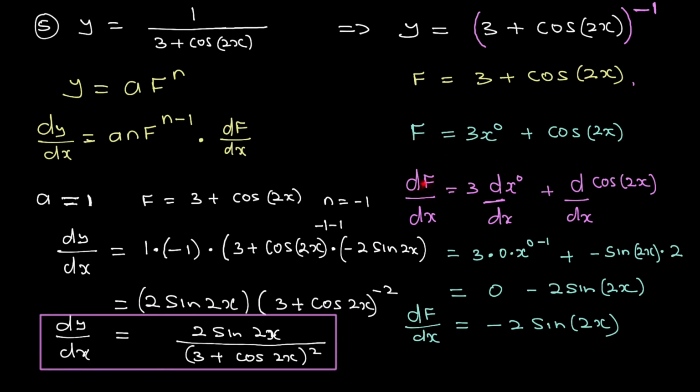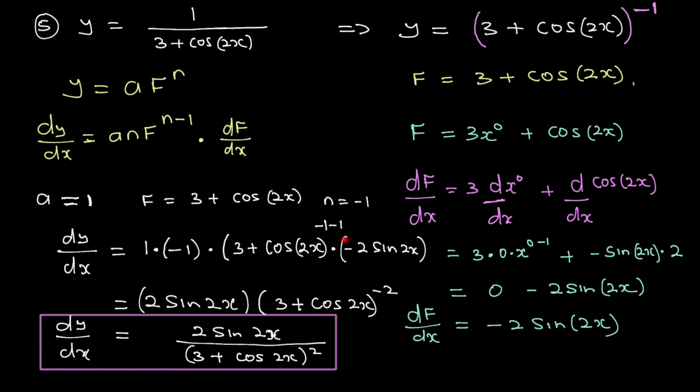So the df/dx would be 3, take the constant out, x to the power 0, well, that will be 0 anyway. So bring the 0 down, that will be 0. Times the differential of cos, which is minus sine. So cos 2x gives minus sine 2x times the derivative of 2x, which is 2. And therefore I get 0 minus 2 sine 2x. And so the df/dx is minus 2 sine 2x.